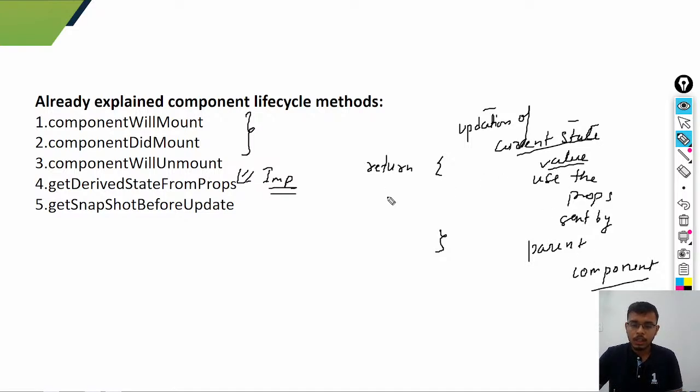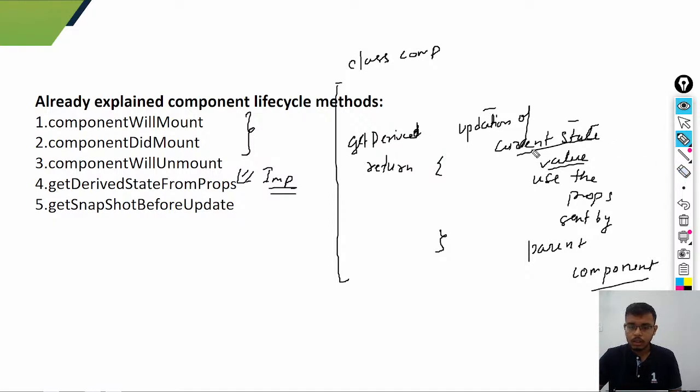So within here, let us suppose that we have defined a class component, within which I am just returning an object inside the getDerivedStateFromProps function.